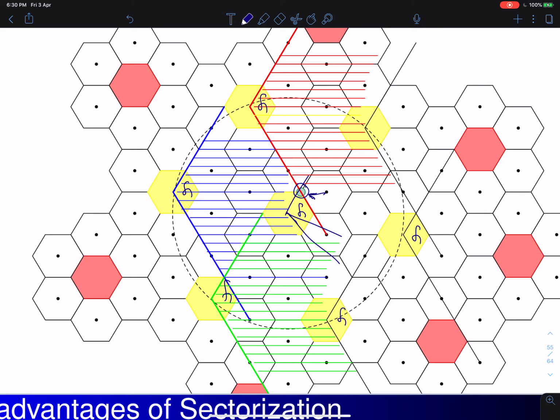In fact, I have considered a cell edge here, that's why I'm getting interference from this one as well. If I consider any other point within the cell, I'll have only 2 interferers. So this one and this one will only contribute. But since we go for a worst case design in cellular systems, I've considered an edge here where there will be 3 such interferers.